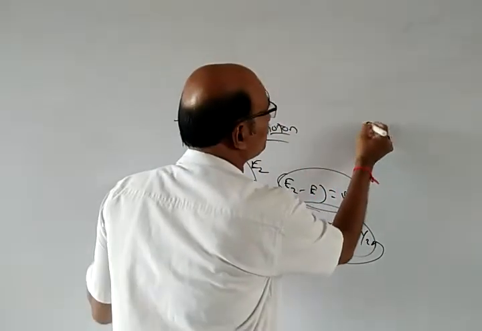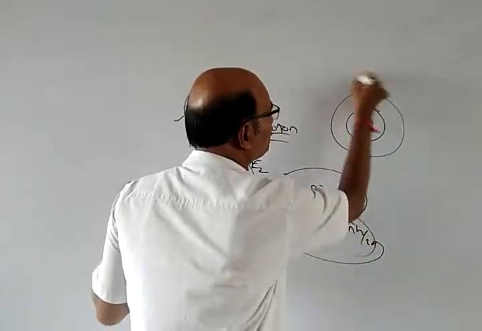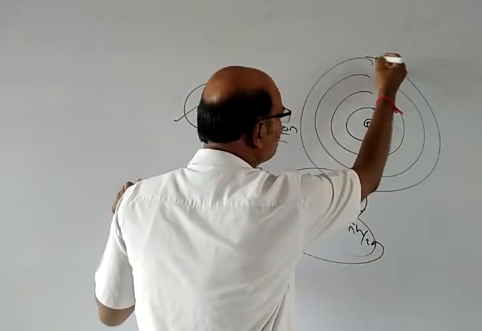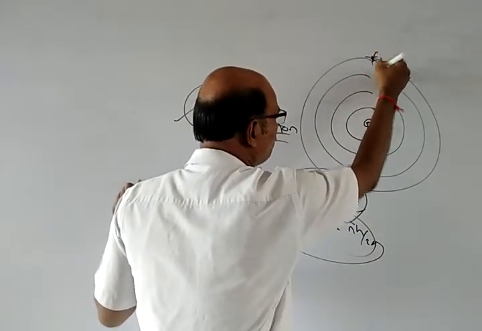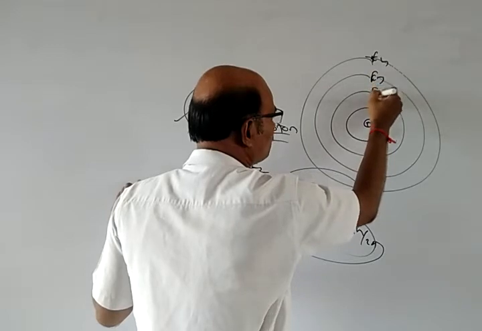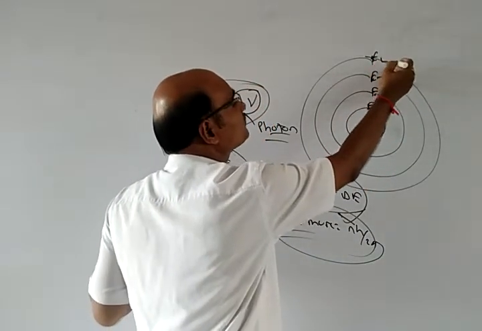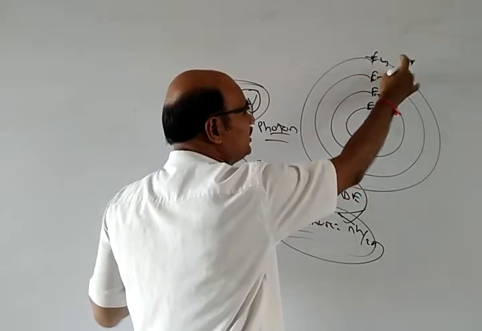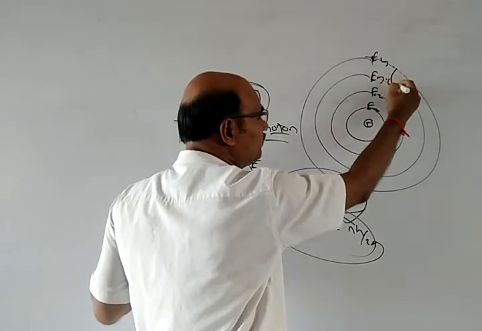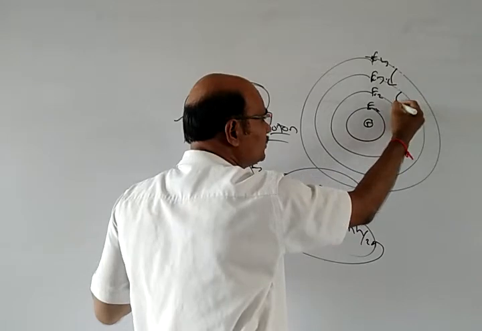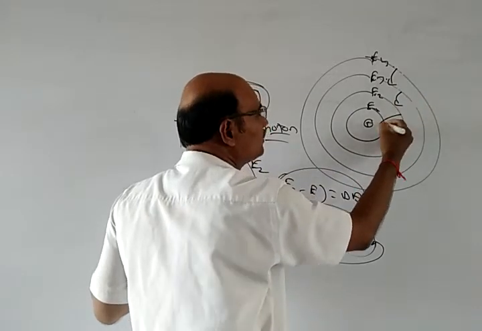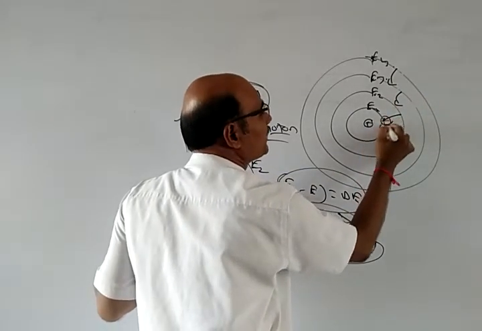Suppose this is the nucleus and these are the orbits, with the electrons at E4, E3, E2, E1. The electron jumps down by losing energy E4 minus E3, then E3 minus E2, then E2 minus E1.